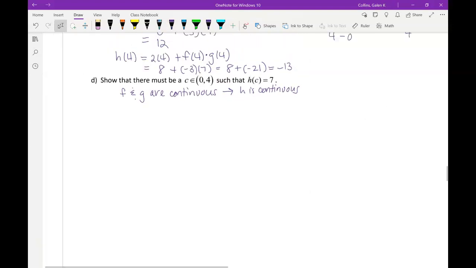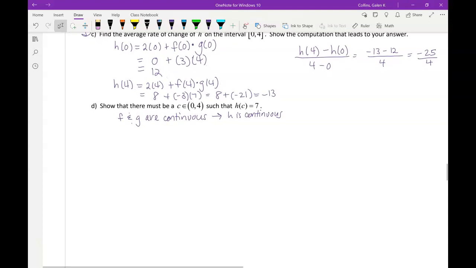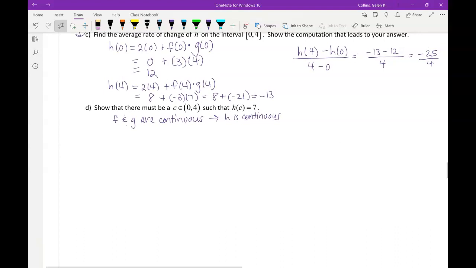All right, so we already found h of 0 and h of 4. And I don't think we need to find those again, but we still need our IVT justification.